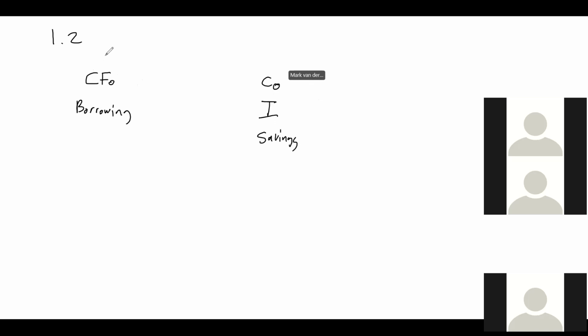And then for the T1, what do we have there as the inflows? CF1 and proceeds from investments. Yes, that's the receipts from investment and the savings times 1 plus R. And then here we have the C1 and the borrowing.